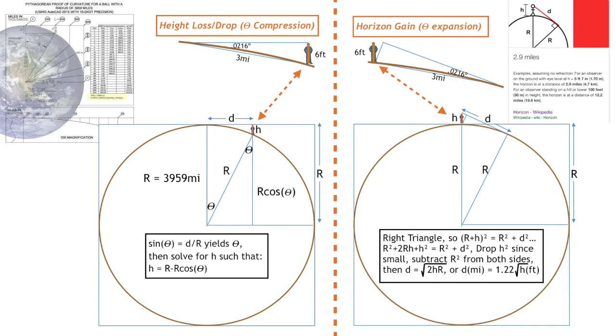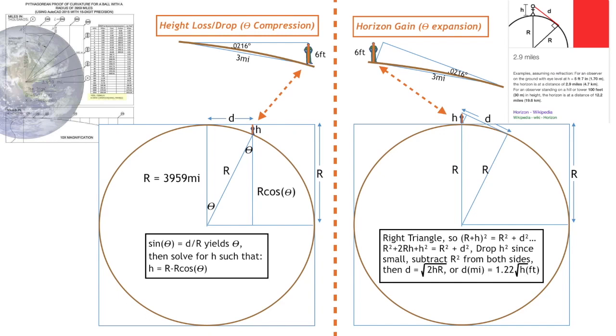So in this right triangle example, you're going to have r plus a height of u sitting above the surface of the circle, squared, is going to equal r squared plus d squared. You can see just the edges of the right triangle there, and you can then solve for the distance d.